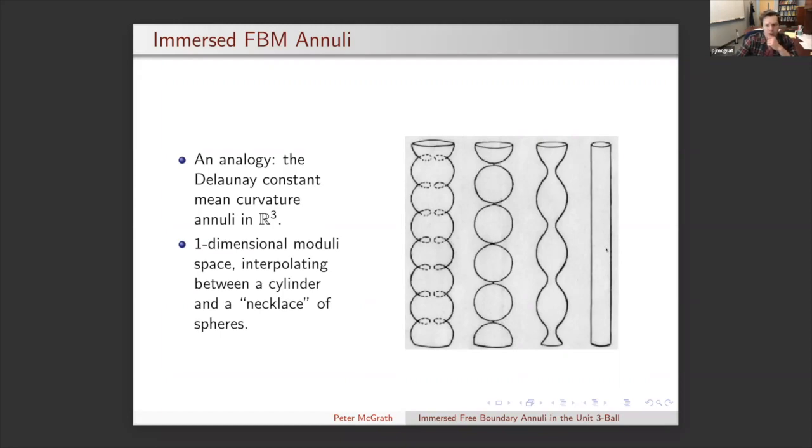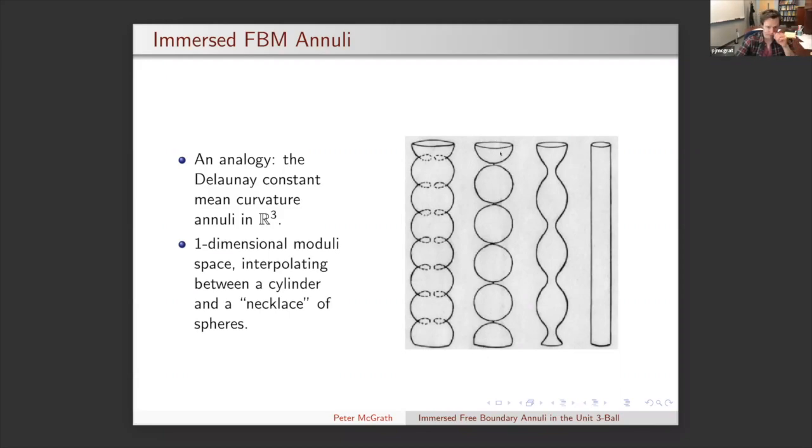And you can think of them as interpolating between a cylinder and a necklace of spheres. So there's a singular limit where the family degenerates into a bunch of spheres put end to end, just kissing or touching along a sequence of diameters.